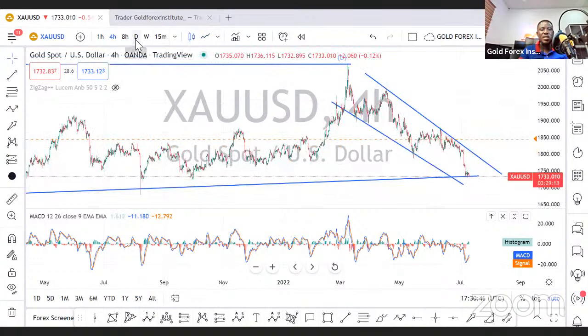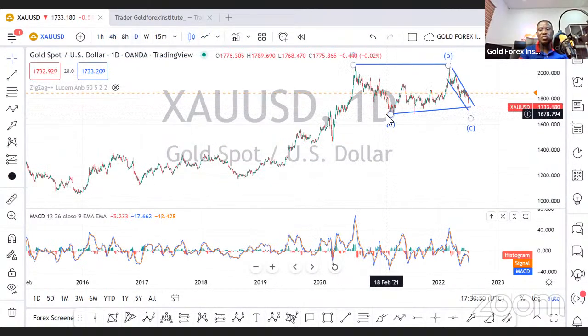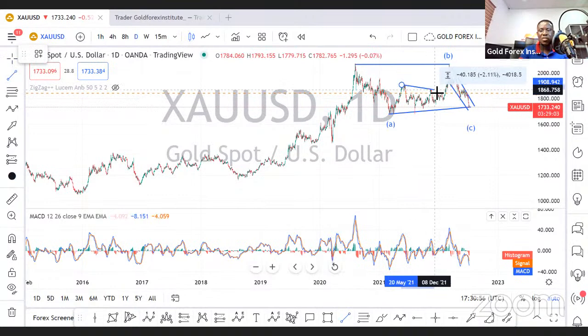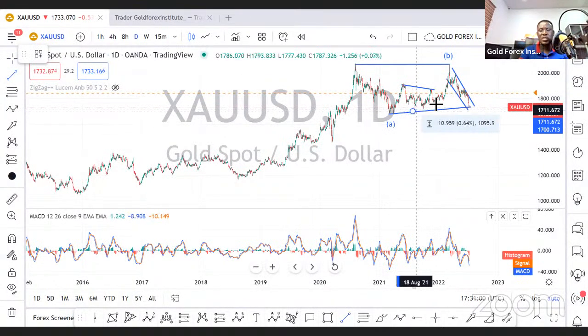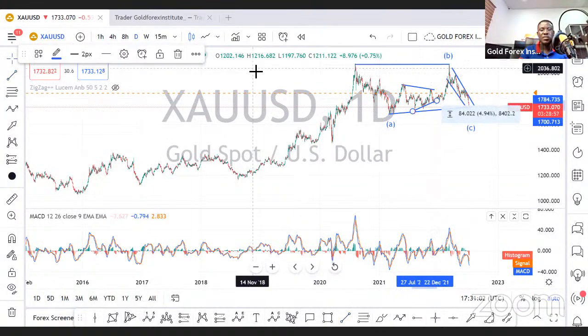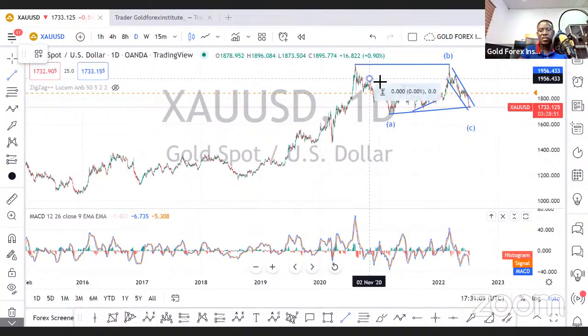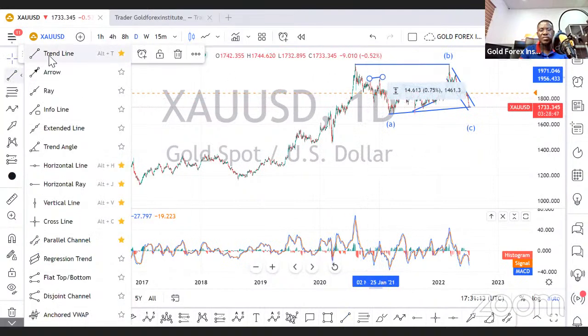I believe that when you check the chart, this is an ABC, which will form A. These are called alternations in Elliott waves. You see the flat corrections in them. Sometimes you don't get it straight like that.